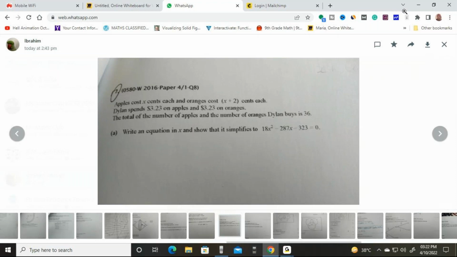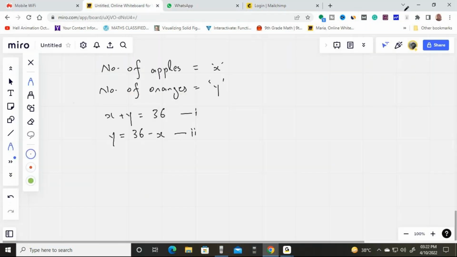But here x is represented for the cents, so I better use a and b for apples and oranges. Now it says that a number of apples, they cost x cents.